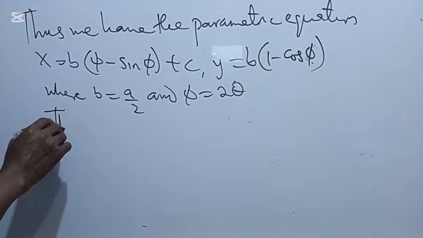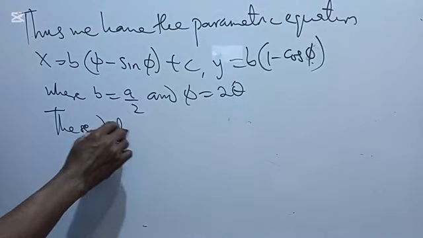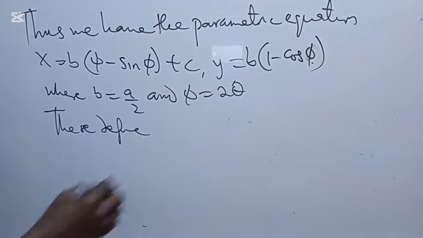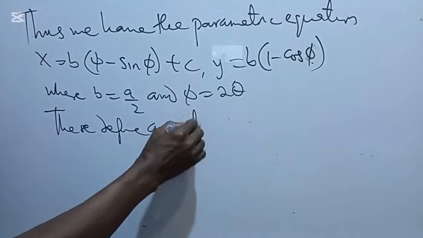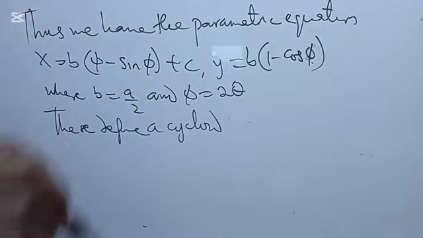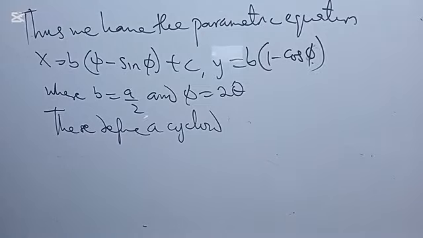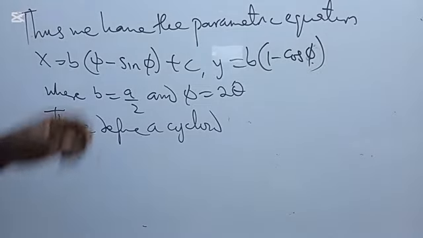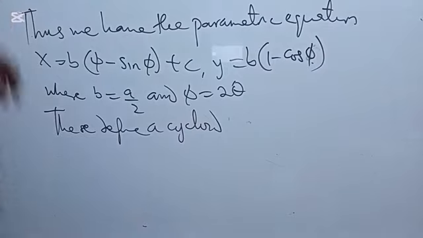These values we are getting define a cycloid. And what is a cycloid? A cycloid is a curve drawn from a point on the circumference of a circle, which defines the path of that point as the circle rolls.